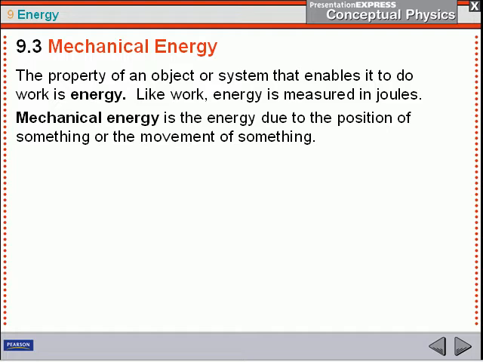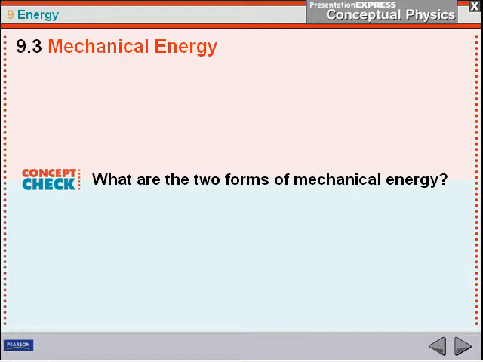Energy is the ability to do work. It's also measured in joules, just like work. Mechanical energy is due to the position of something or the movement of something. So our two forms of mechanical energy are going to be kinetic energy and potential energy.